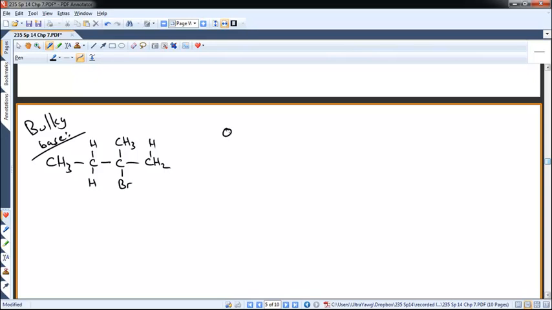If we have a big base like t-butoxide, a t-butyl group with an oxide negative charge, and it could be in a solvent of itself, this big old bulky base does not have the physical possibility of accessing this hydrogen, the one that's circled on the left, because this hydrogen is secondary.